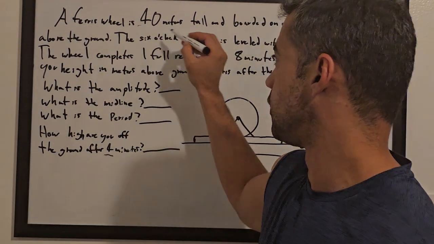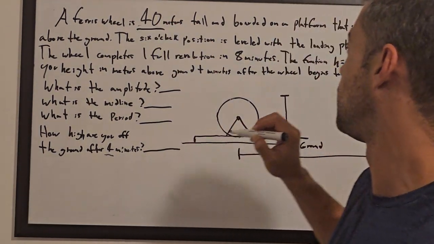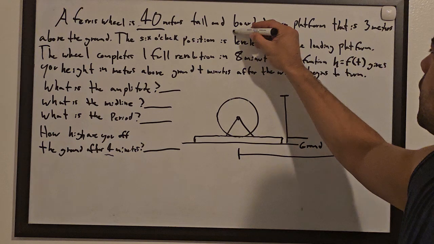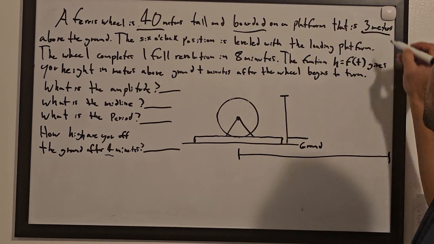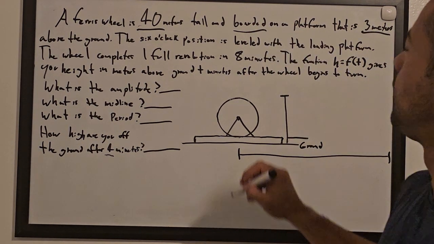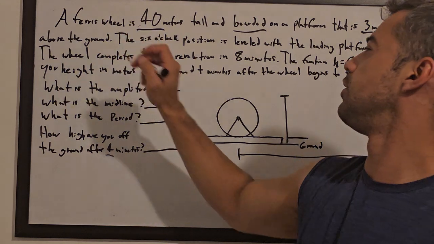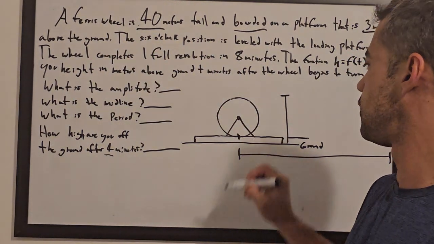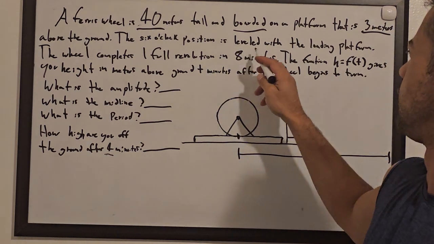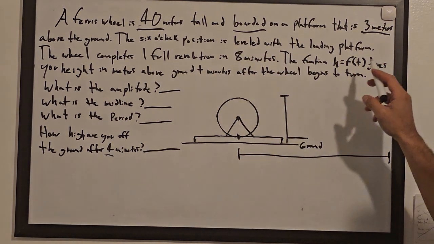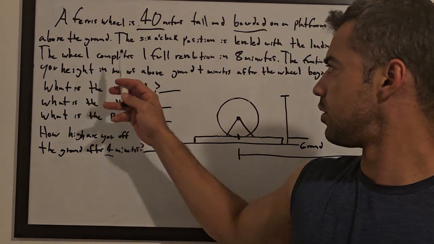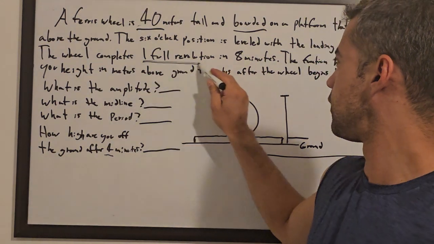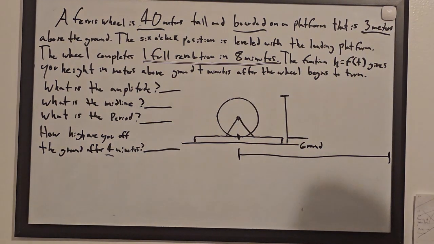A Ferris wheel is 40 meters tall, boarded on a platform that is 3 meters above the ground. The 6 o'clock position, that is this right here, is leveled with the loading platform. The wheel completes 1 full revolution in 8 minutes.